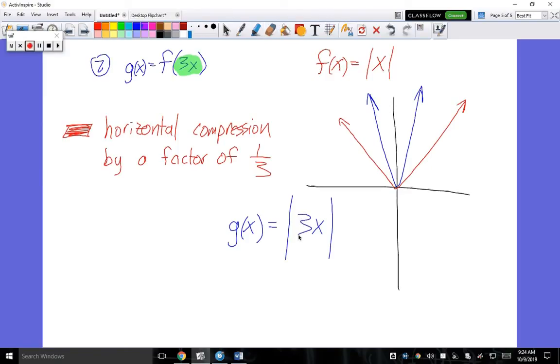So at 0, it's still 0. But at 1, it's what? 3. At 1, instead of being 1, like the original parent was, it's now way up here at 3. Please ask me questions before I give you the multiple transformations. No questions? Okay. All right.